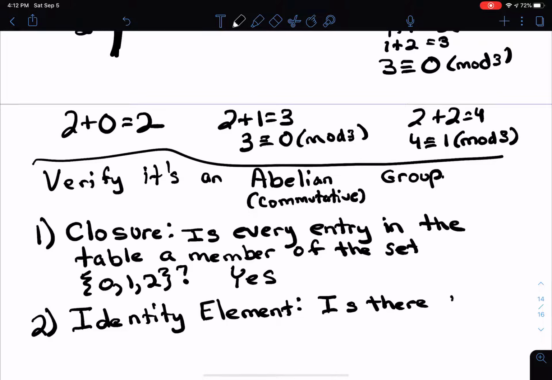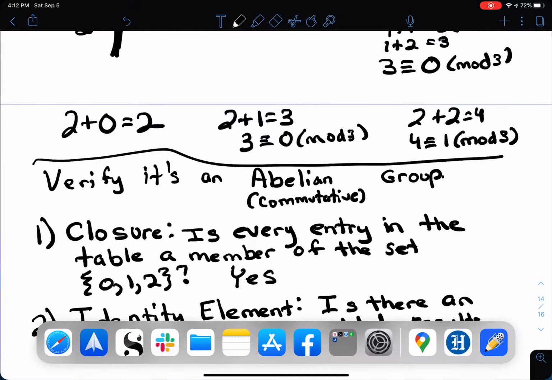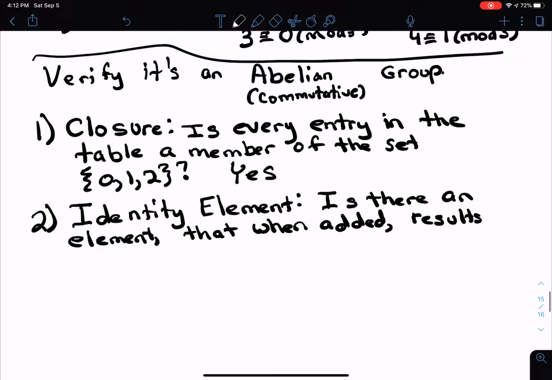Is there an element that, when added, results in the original number every time?